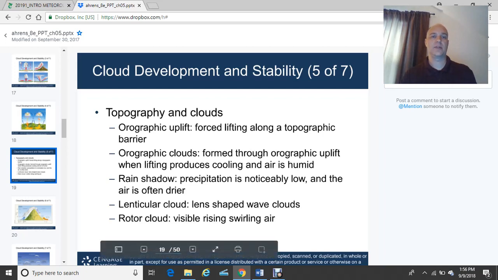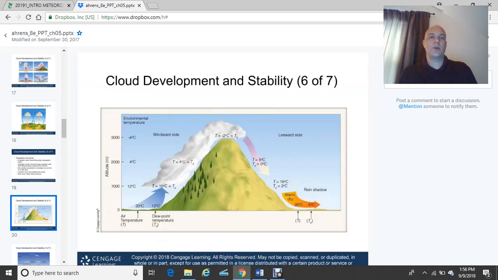All right, so here I'm showing you an example of orographic lift, showing you how as air rises, it's cooling. It cools initially at the dry adiabatic lapse rate of 10 degrees Celsius per 1,000 meter rise in elevation. Once you reach the condensation level, or the cloud base itself, you go from the dry adiabatic lapse rate to the moist adiabatic lapse rate of 6 degrees Celsius per 1,000 meters.